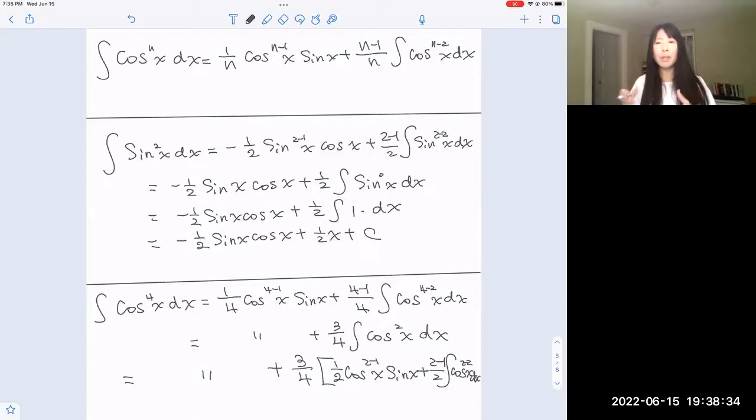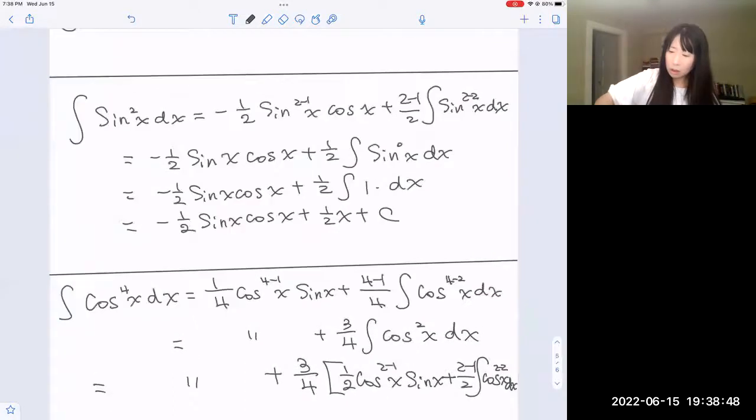Then it must be the last integration, power 2 minus 2, right? Then we finish. Otherwise, we use the reduction formula again, right?